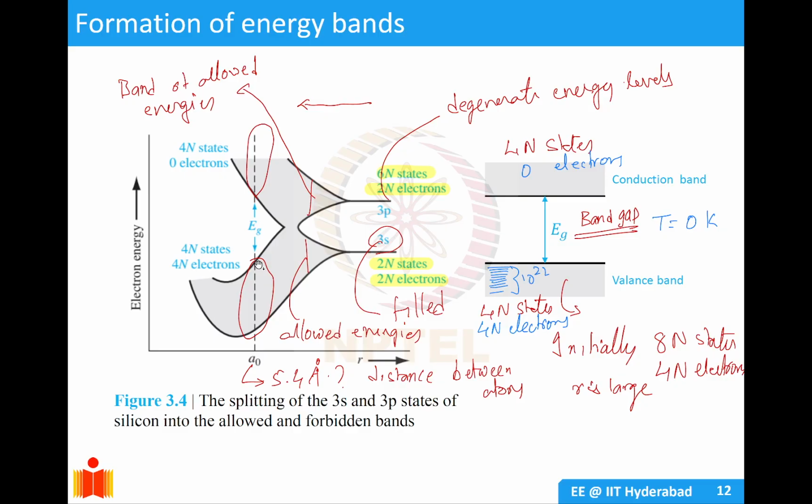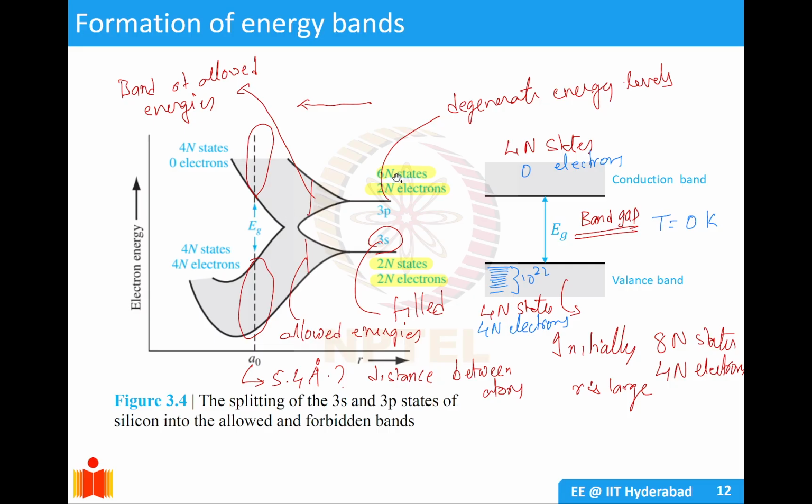You have two kinds of energy levels. One is called the valence band and one is called the conduction band, and there's a gap in between which is called the forbidden band gap.